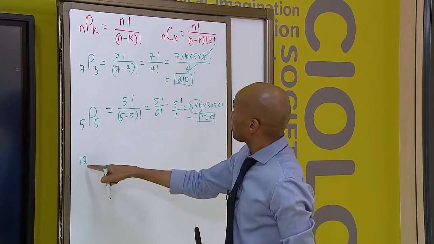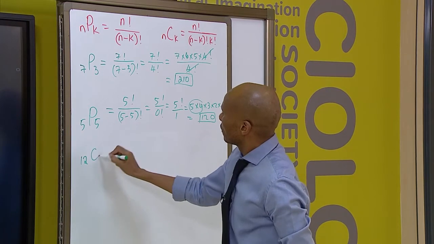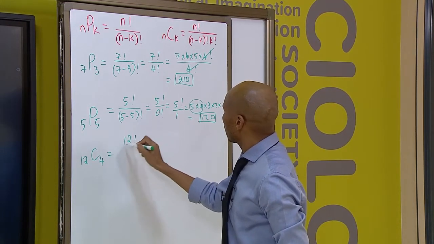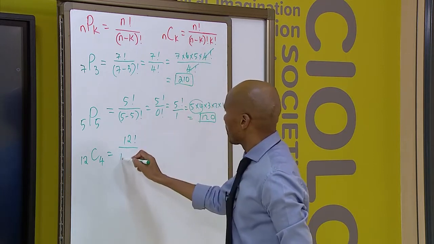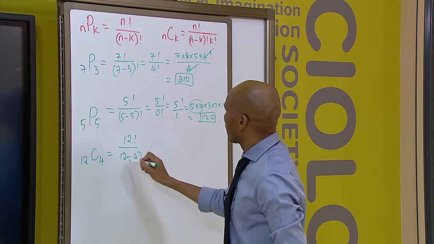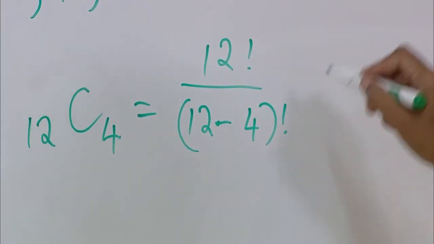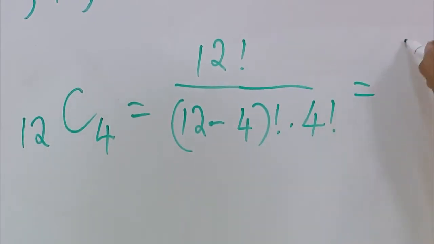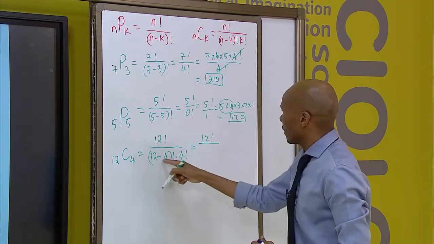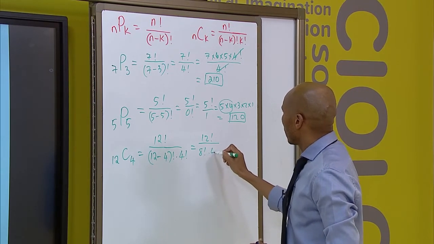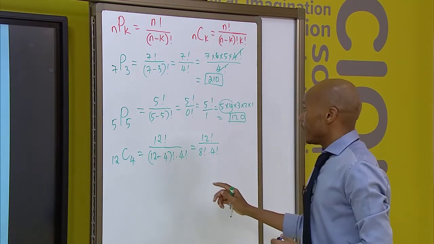So that will be 12 choose 4. Using the formula, that will be 12 factorial over (12 minus 4) factorial multiplied by 4 factorial. So that will be 12 factorial over 8 factorial multiplied by 4 factorial.